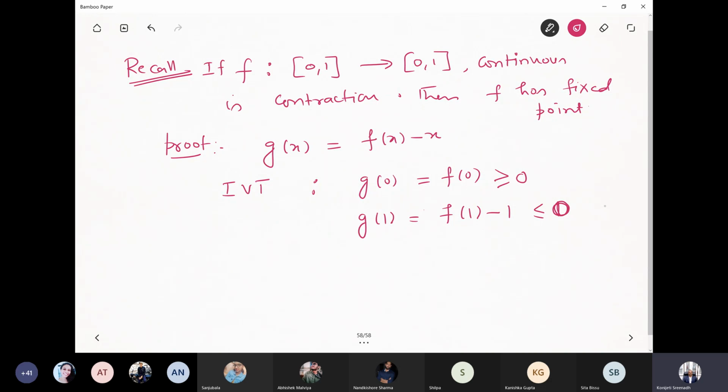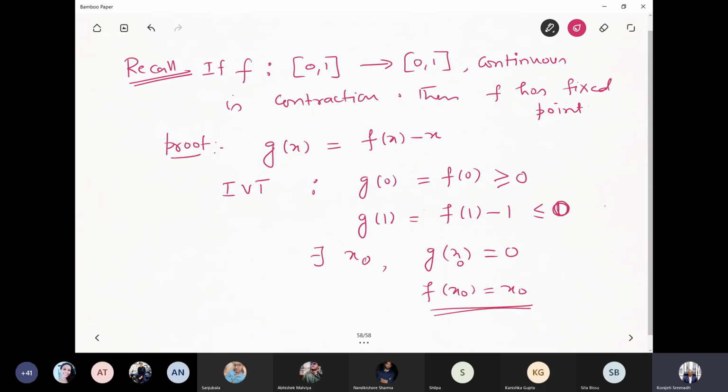Otherwise, you already have a fixed point. So if it is greater than 0 and less than 0, you know that by the intermediate value theorem, there exists a point x where g at x equals 0. Call it x naught. That is nothing but f at x naught equals x naught. That is the fixed point.